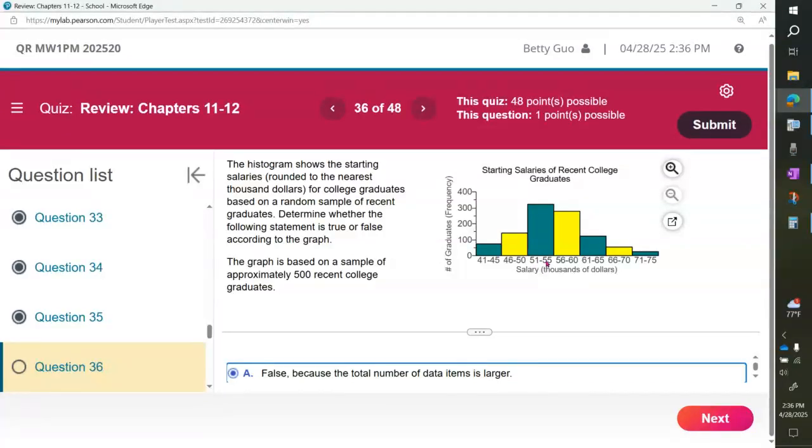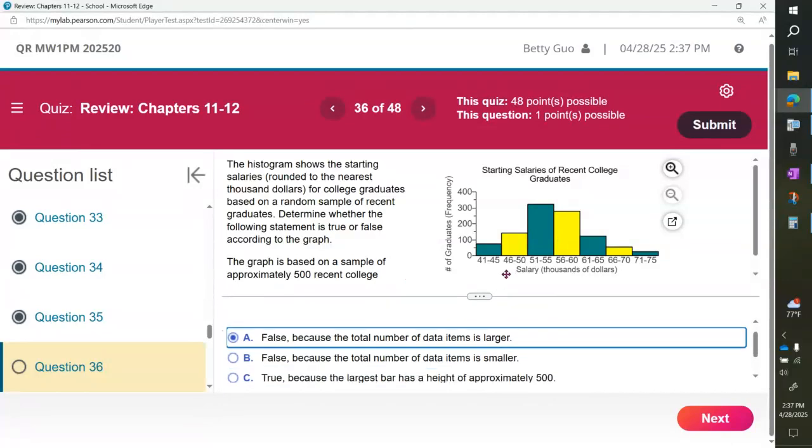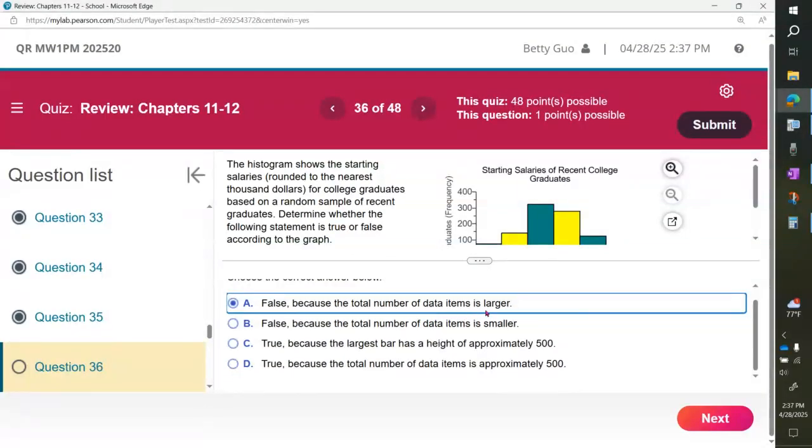People report 51 to 55 grand starting salary, and the yellow bar here is a shy 300. So those two classes already have more than 500, so the total number of students is a lot more than that. So this is false. The explanation: the total number of data items is larger.